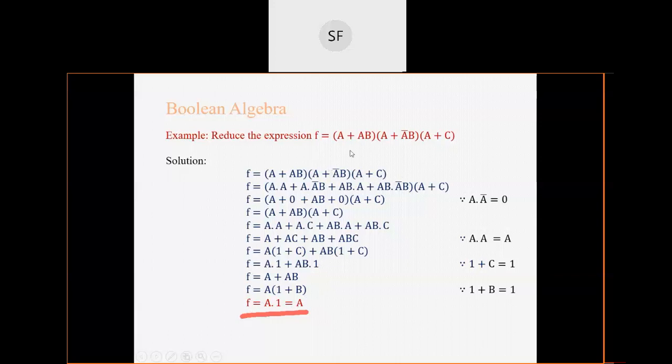So this complete expression, (a plus b)(a plus a bar b)(a plus c), is nothing but a. After simplification, you observe that this function is actually dependent on only one variable.